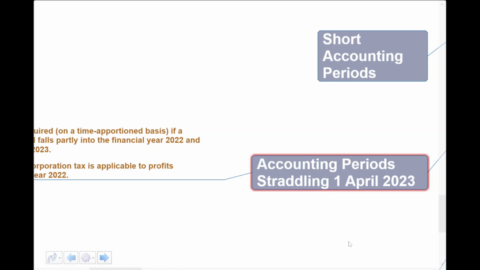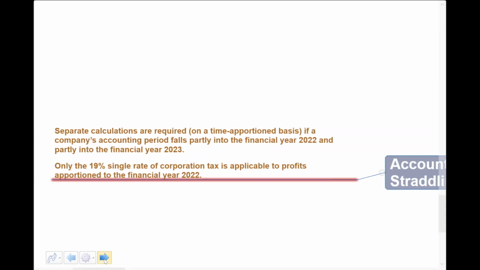Now, the next thing, and this is an area that I think the examiner could target, is accounting periods straddling 1st of April 23. Why is that date significant? Because 1st of April 2023 is the first day of the new financial year. It means we may have to do a calculation between financial year 22 and 23.